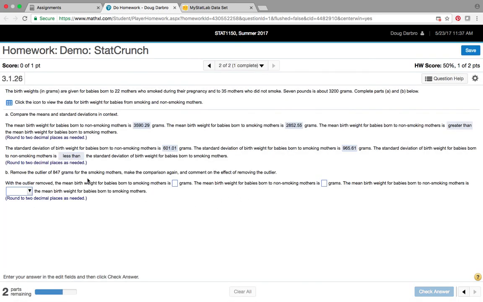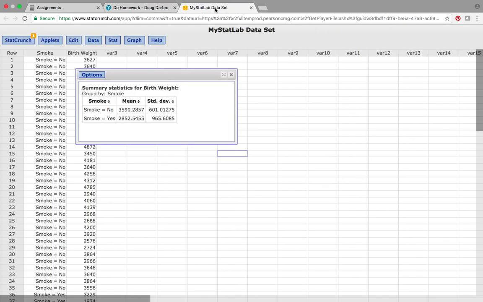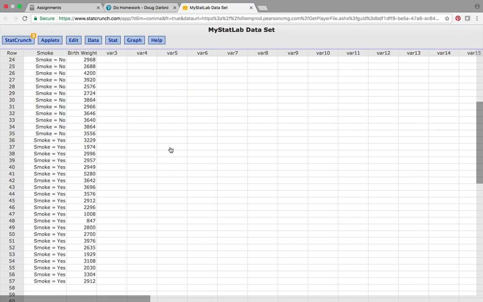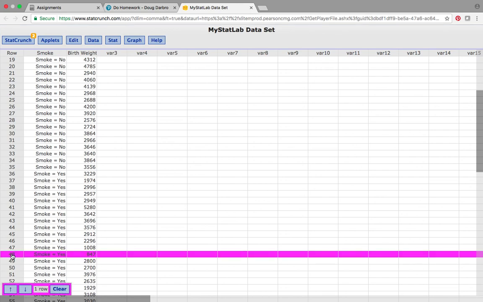Remove the outlier of 847 grams for smoking mothers. Okay, so we need to find 847 for smoking. So I'm going to come in here and I want to clear that one row.